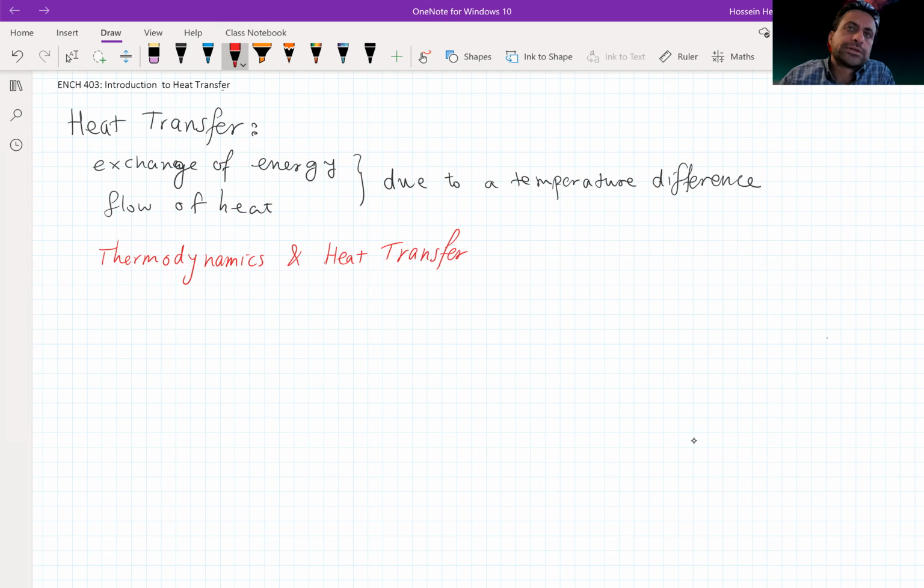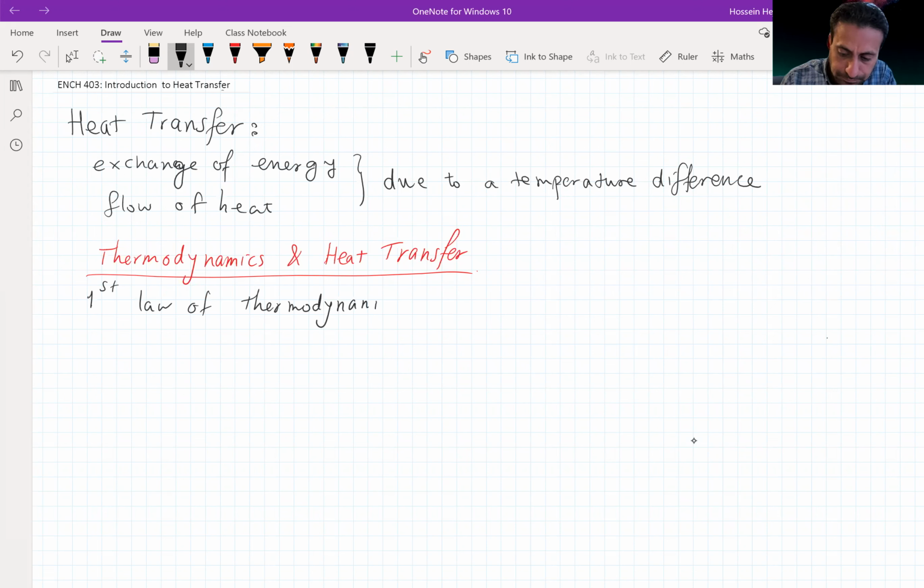To start with thermodynamics, I would like to go over the first law of thermodynamics, and I'm sure all of you remember that one, which gives us conservation of energy.